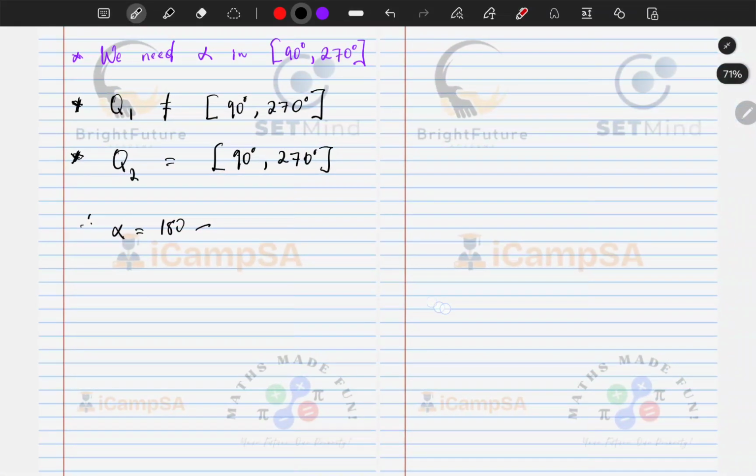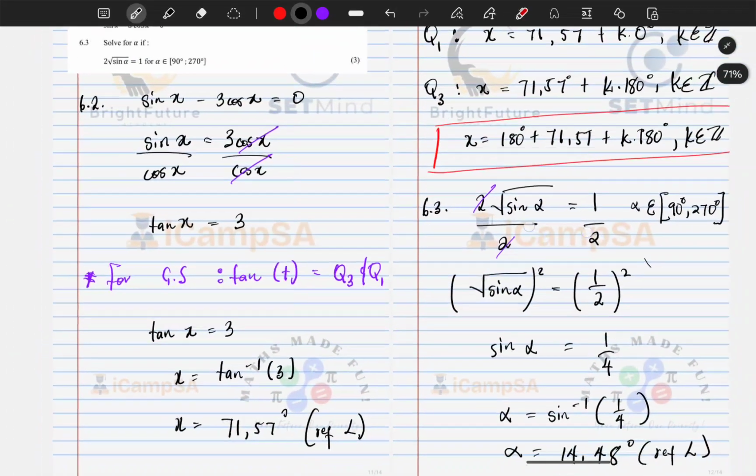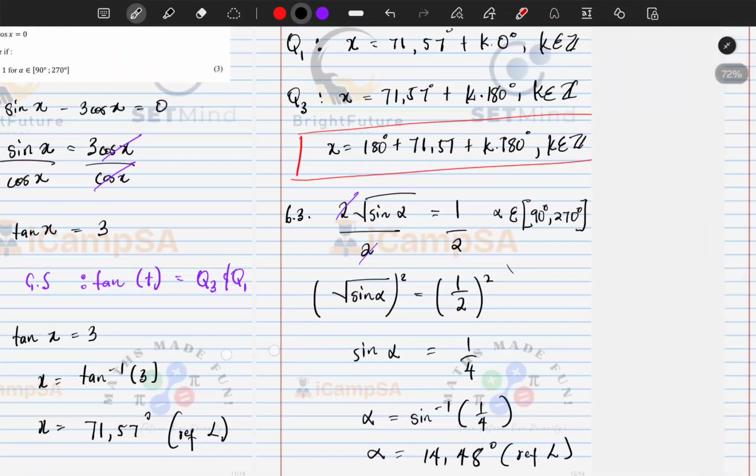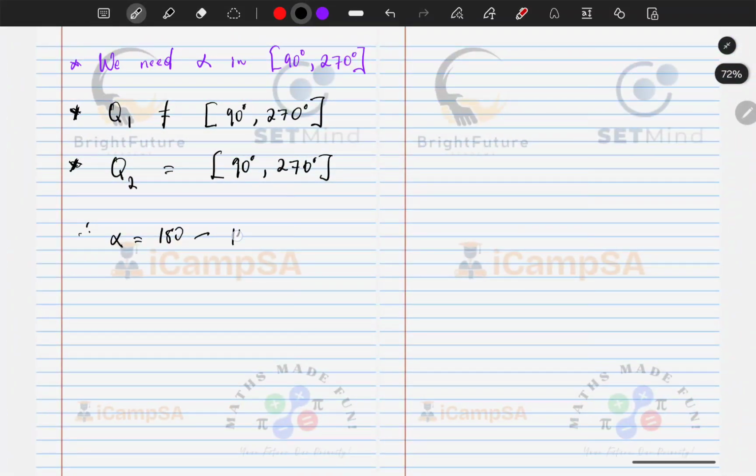Why am I saying 71? I'm already thinking about the other question. It's going to be 180 minus 14,48 degrees. So alpha is going to be 165,52 degrees, right?